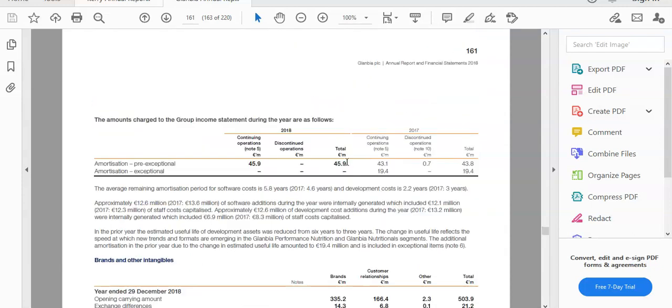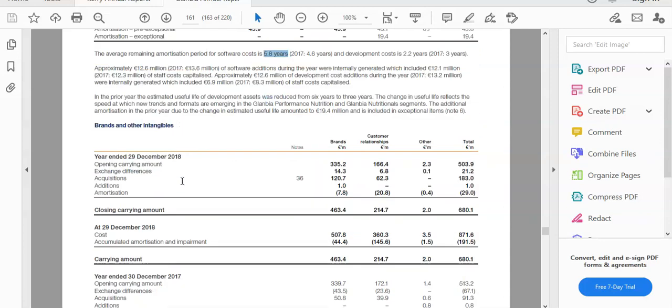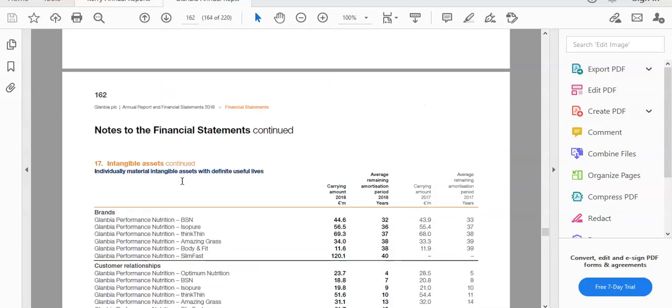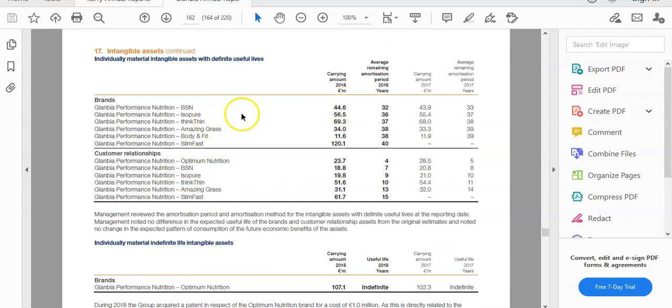And they are all then amortized. You can see here the amortization of software is about 6 years, and they tell you then the amortization of brand names and whatnot. They might have an indefinite useful life, so they don't tell you anything else about the brands here. So there are all the different brand names and the values that they have, because they've acquired all these businesses.